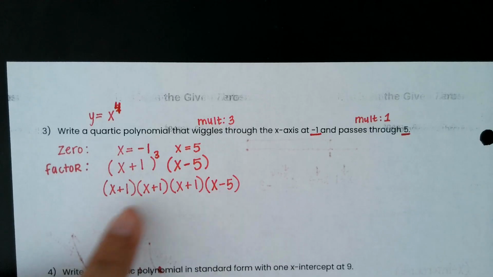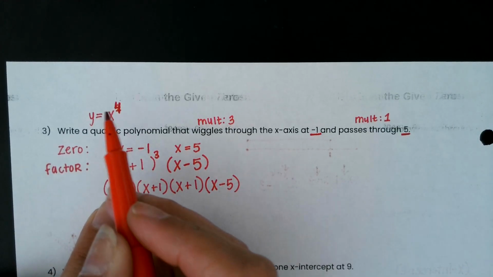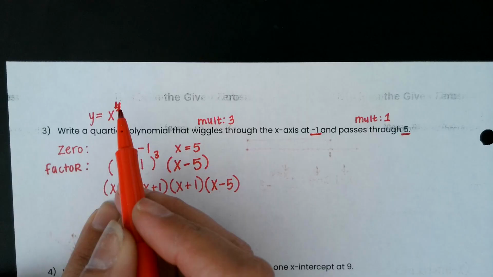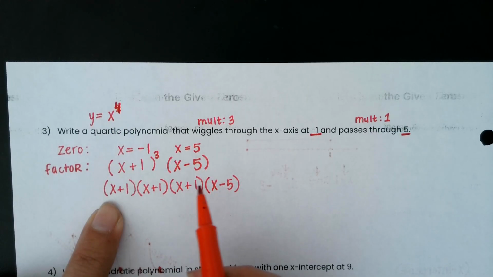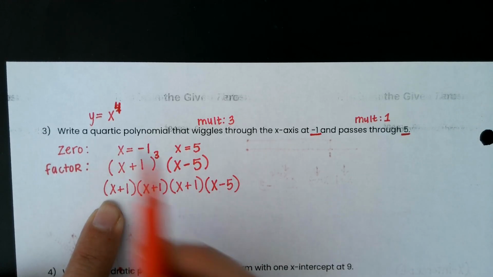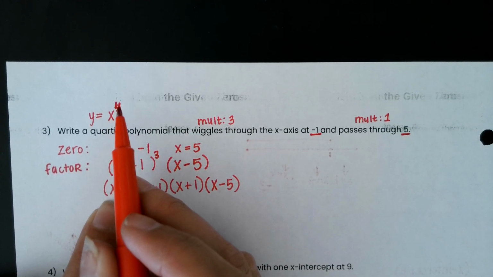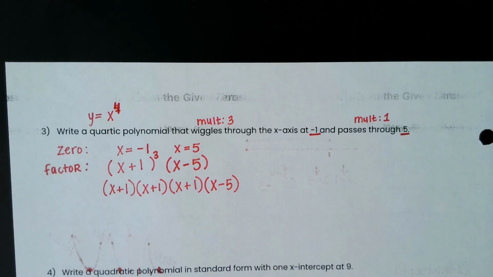See, there's 1, 2, 3, 4. This is how it becomes x to the 4th power, because there's 4 of them. Does that make sense? There's always the same number of factors as the highest exponent in your equation.